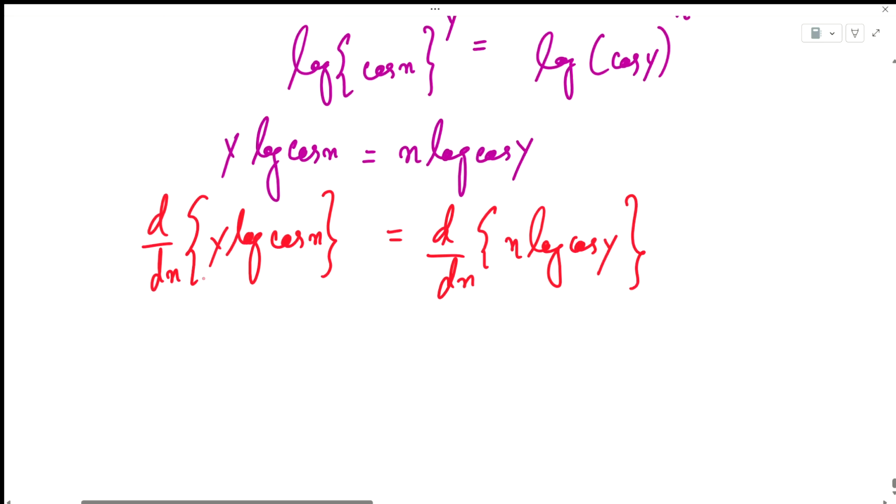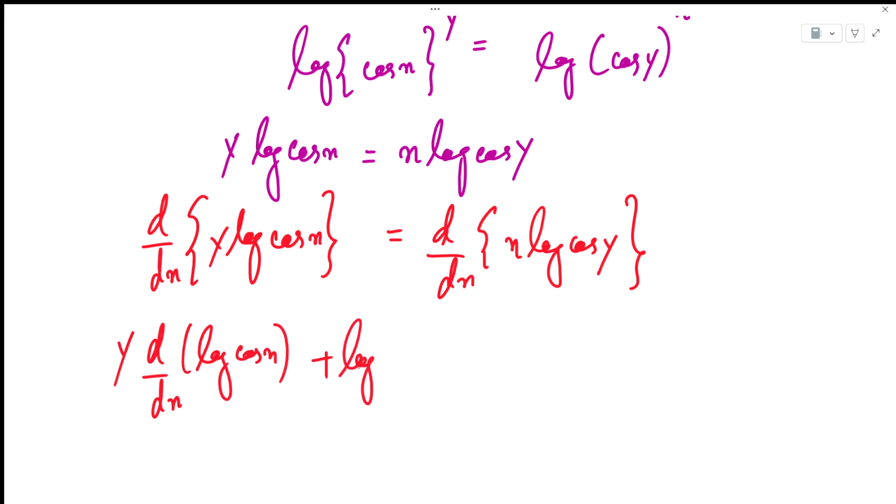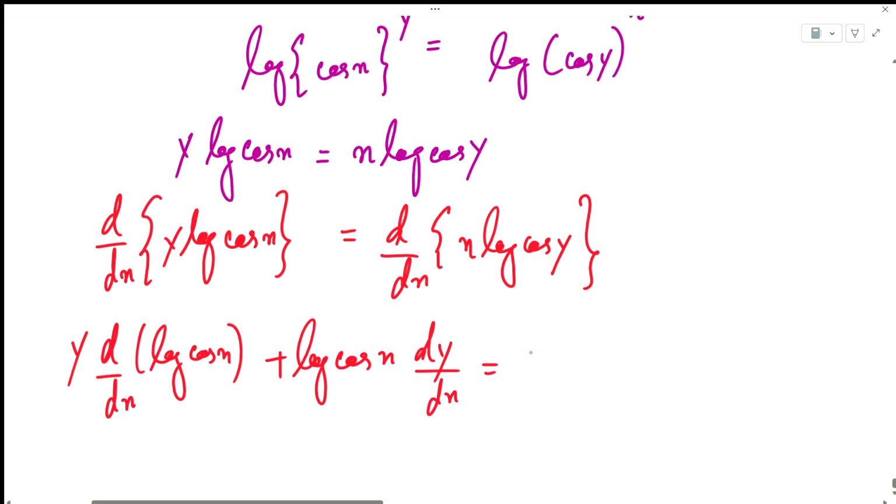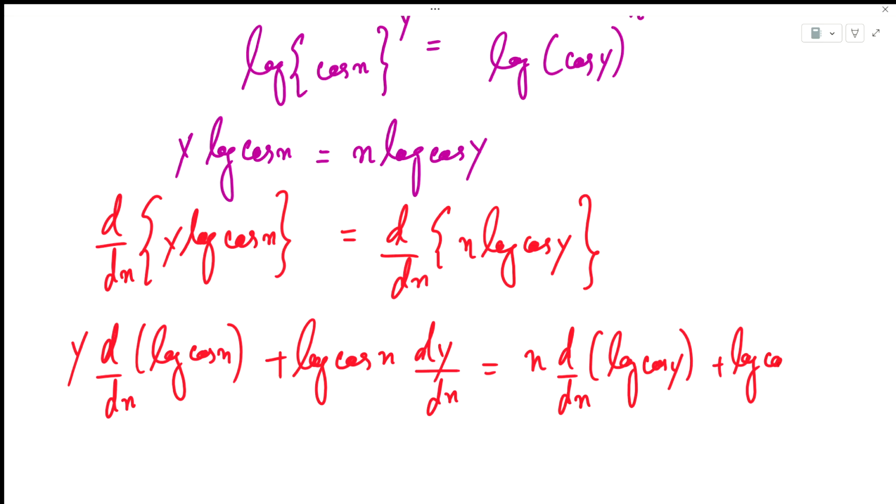So if we apply the product rule over here, y will come out and I'll take the derivative of log of cos x. Then log of cos x will come out and I'll take the derivative of y. x will come out and I'll take the derivative of log of cos y. Then log of cos y will come out and I will take the derivative of x.